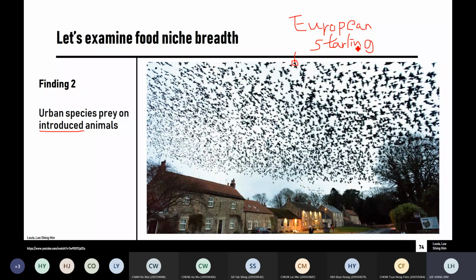It is because humans introduced them. Some people may keep starlings as pets, but they may escape. When they escape and find their mates, they may reproduce. In a foreign environment, these starlings can reproduce in a great number, and it is actually a suitable prey species for peregrine falcon.